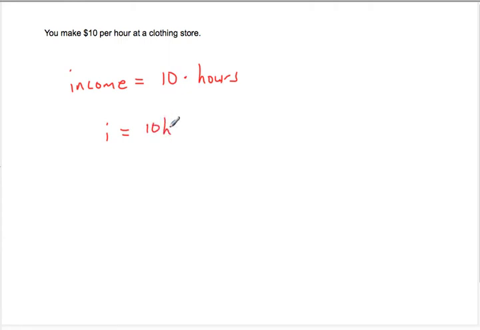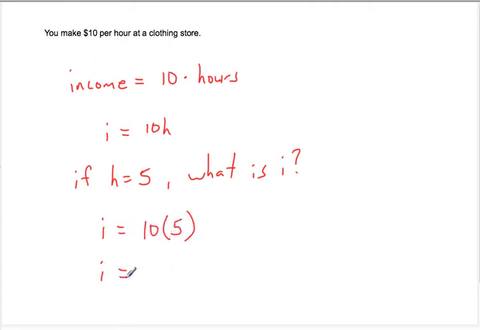Okay, and then I might ask a question like, if you worked 5 hours, so if h equals 5, what is your income? Okay, and that's easy, you just plug it in. So your income is going to equal 10 times the number of hours you worked. So in this case, your income is $50, right?